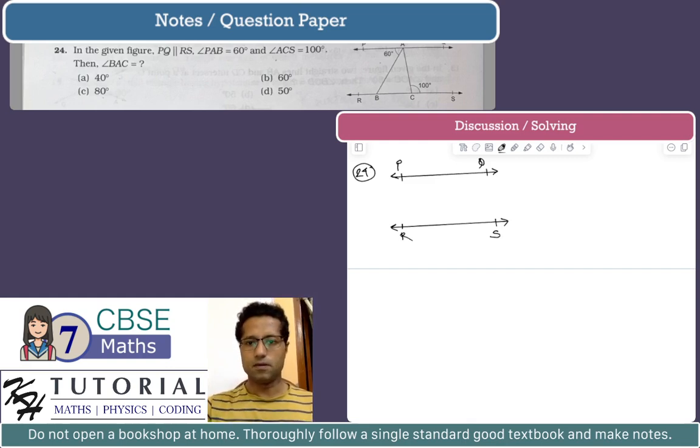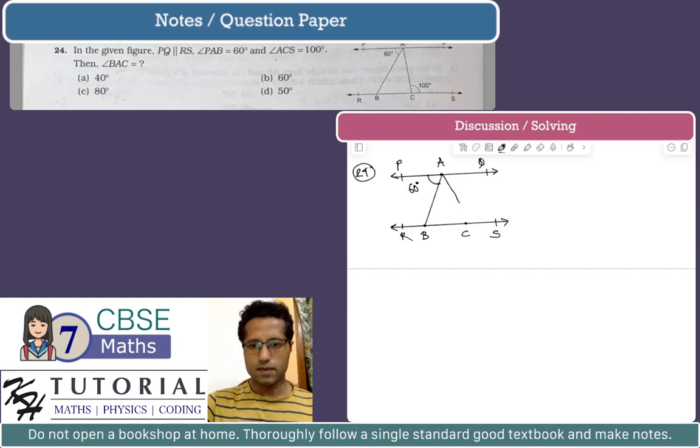We have a point A on the straight line PQ, and we also have two points B and C on the straight line RS, so that angle PAB is given to be 60 degrees, and angle ACS is given to be 100 degrees.